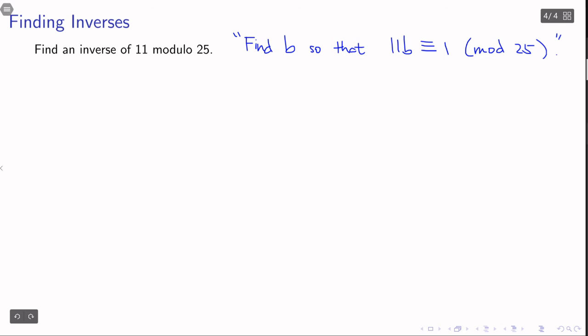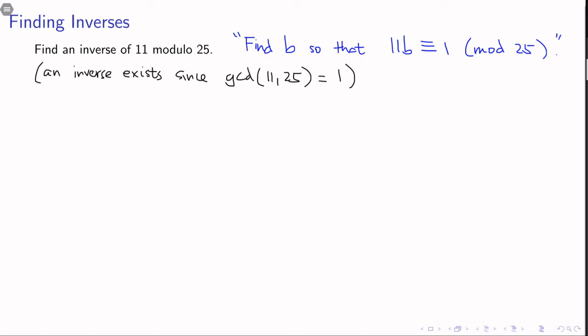And first of all, I'm going to say that we know that an inverse exists because their GCD is 1, right? 11 is a prime number, and 25 is 5 squared. So what I'm actually going to do here is to take this congruence that defines what it means to be an inverse and then rewrite it as the following statement, right?